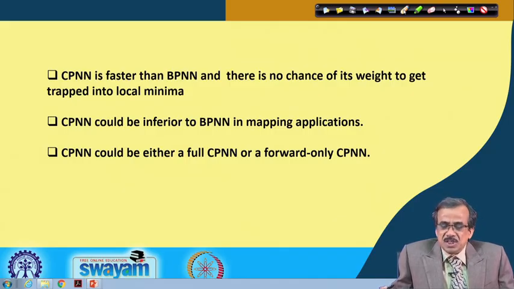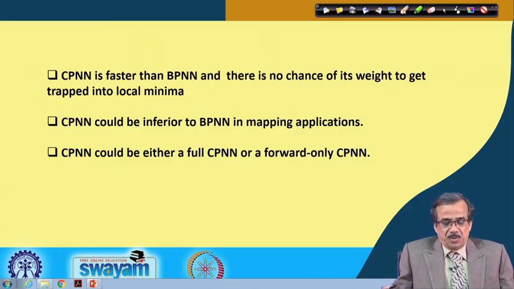So, the chance of the solution getting trapped in the local minima is actually nil. If you see the performance, the accuracy in prediction could be a little bit inferior compared to the multi-layered feed forward network, but it is computationally faster.